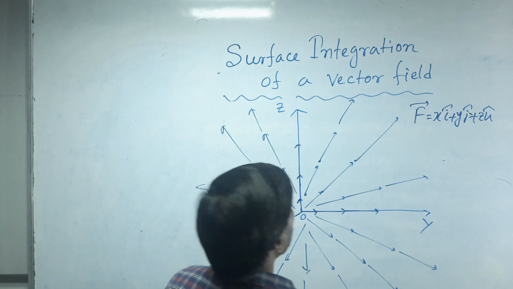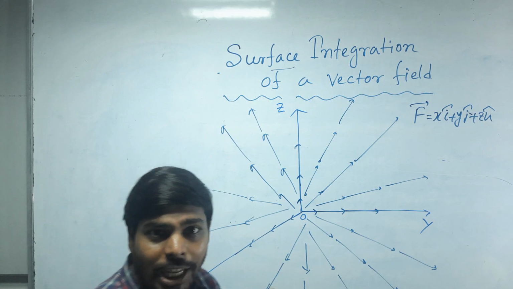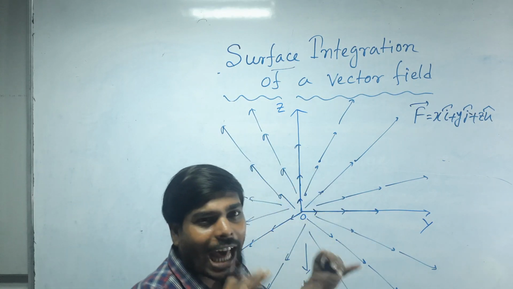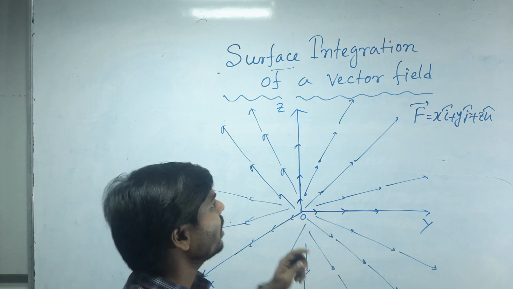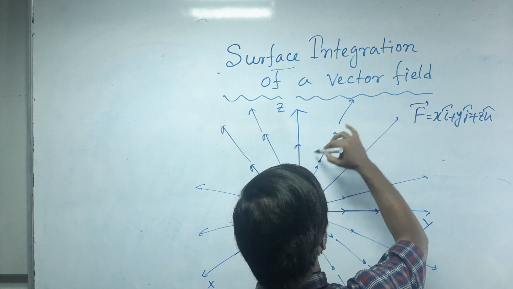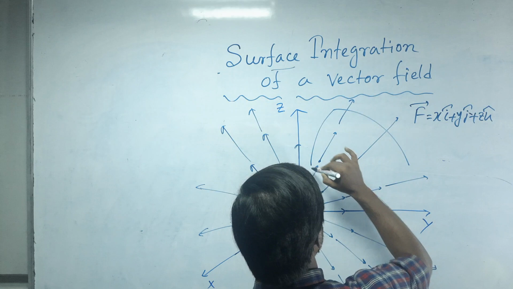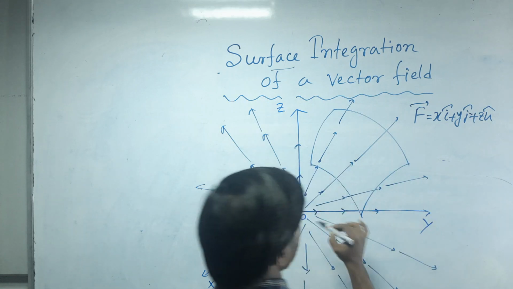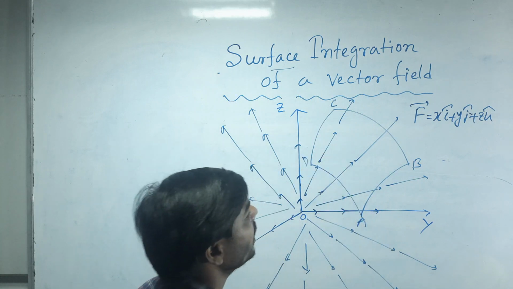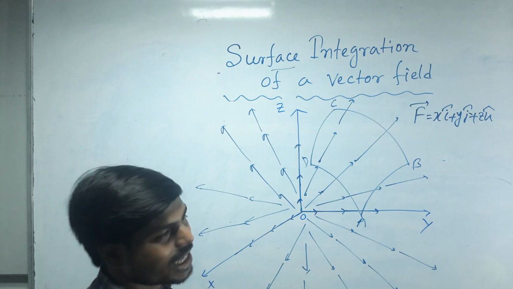Now what is the surface integration of this vector field? What is the physical meaning of that? First let's try to understand that. If we consider an arbitrary surface in this vector field, let's draw an arbitrary surface. Let's say this surface is A, B, C and D, and this is a two-sided surface, and you must have the concept of one-sided and two-sided.